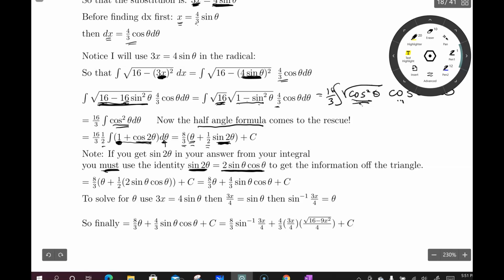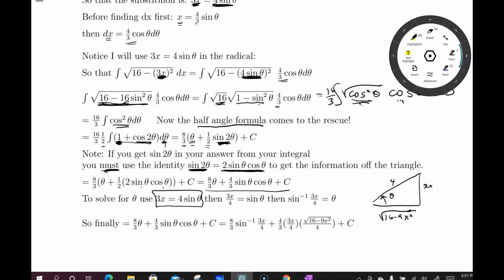So you must use this. So rewrite this as 2 sine cosine, and so now I get to this. So now I'm going to get the information off the triangle. Remember, this is the original substitution. So here's my triangle. So I'll have opposite over hypotenuse. So this will be the square root of 16 minus 9x squared.